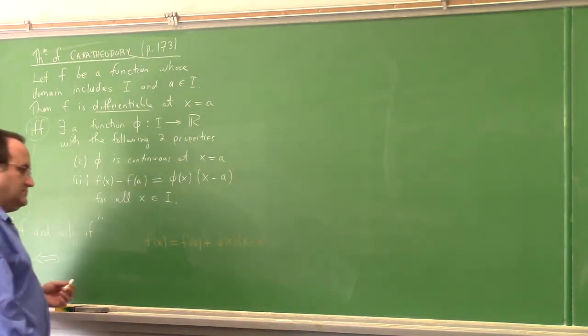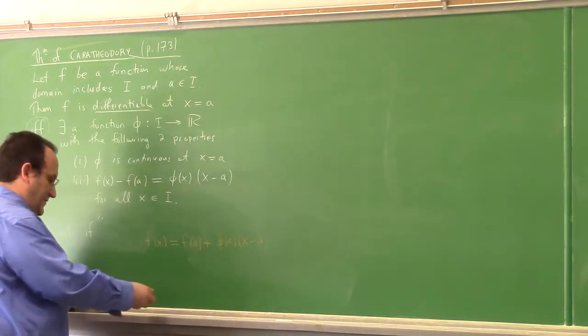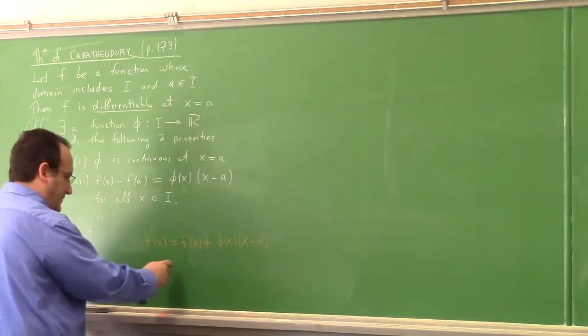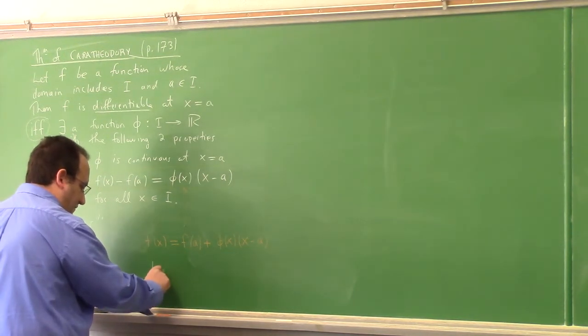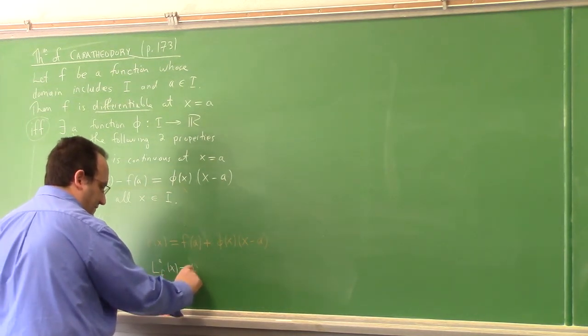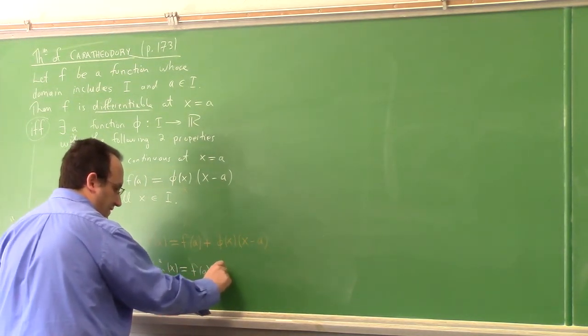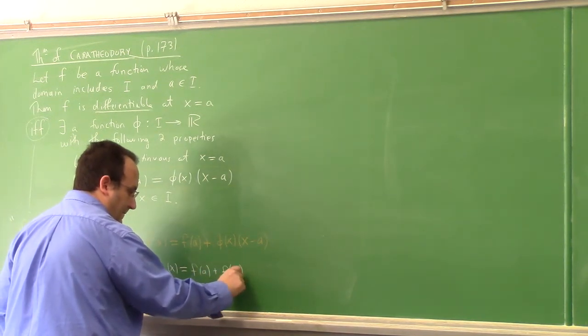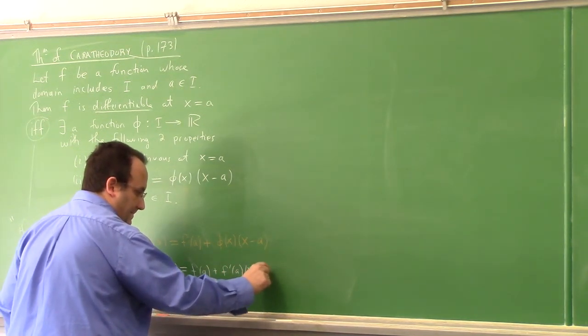So does this remind you of anything? Just a reminder, the linearization of a function at a has the following formula: f of a plus f prime of a times x minus a.